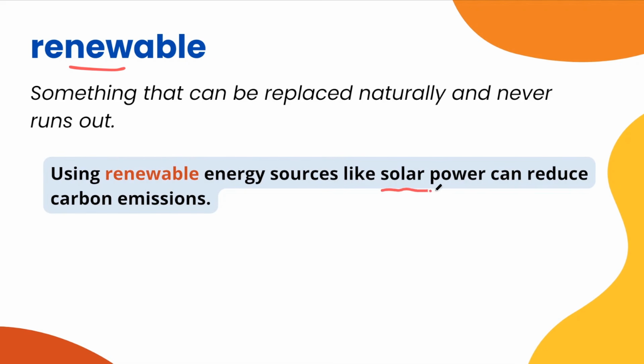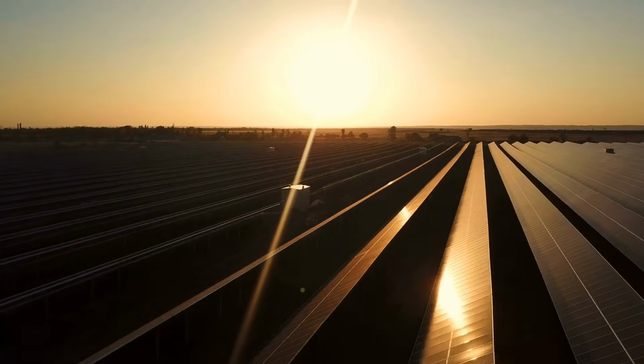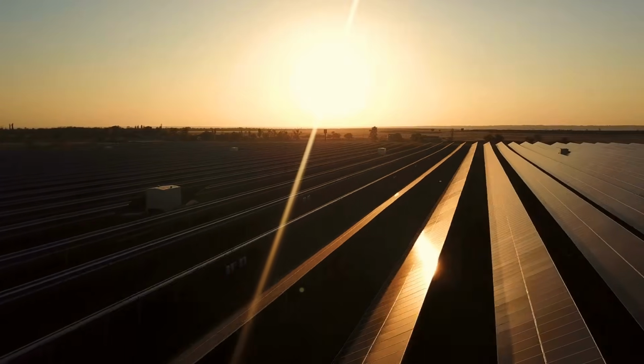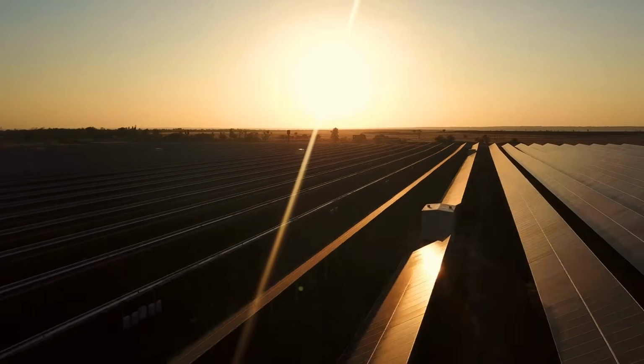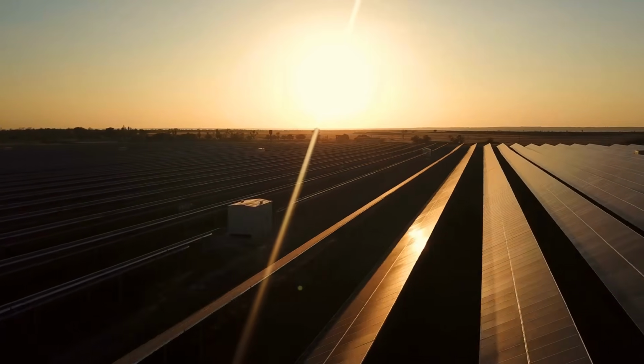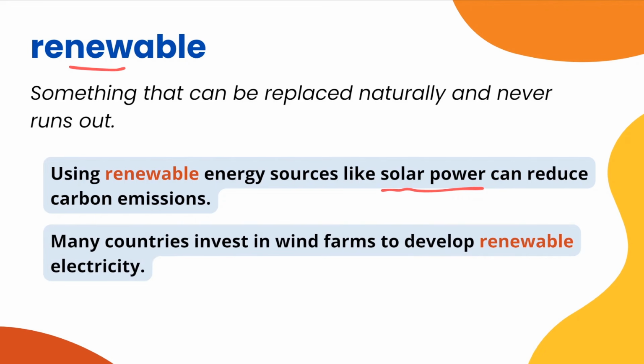Solar power comes from the sun, which, well, it's not going to run out for a very long time, a few billion years, I think. So you can get solar power from the sun for several more billion years. So it's renewable. Many countries invest in wind farms to develop renewable electricity.